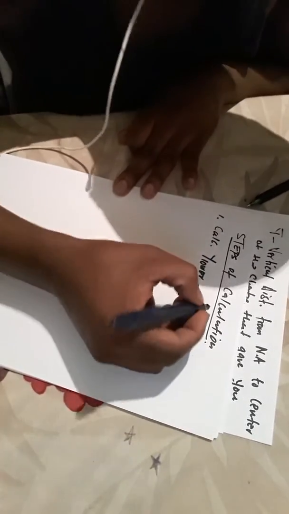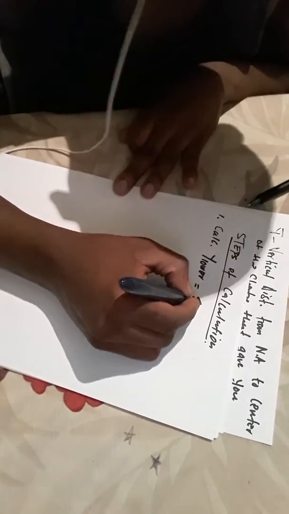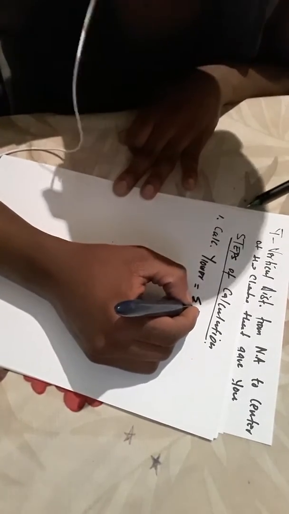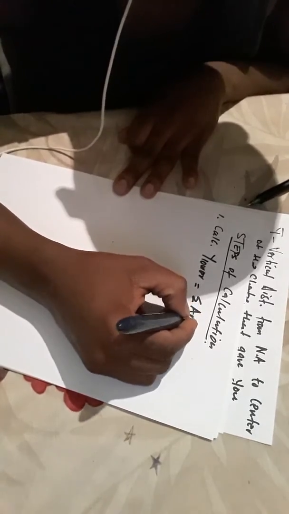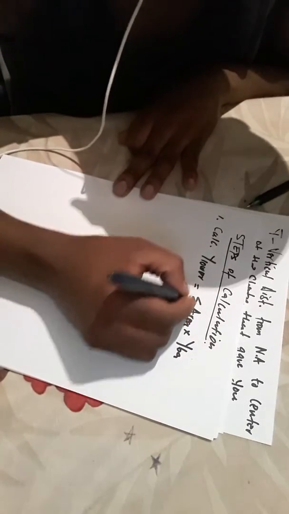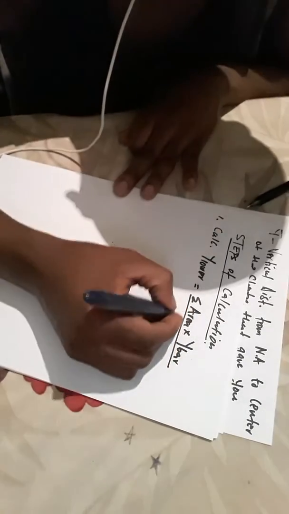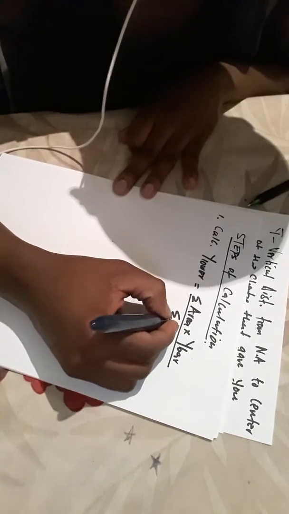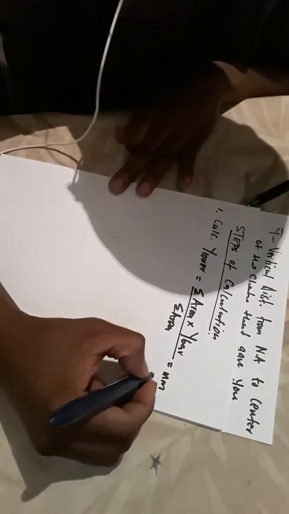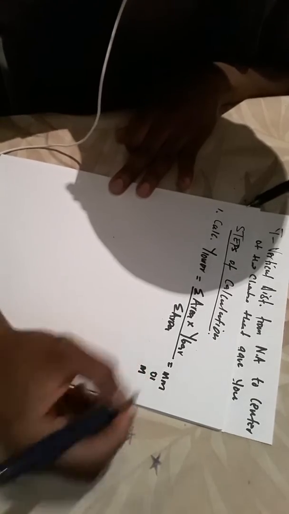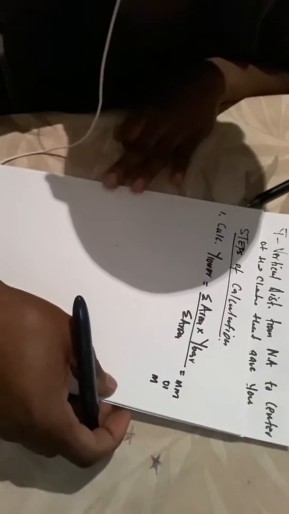So y lower is equal to sum of area times y bar all over sum of area, of which is equal to millimeters if your dimensions are in millimeters, or meters if your dimensions are in meters.